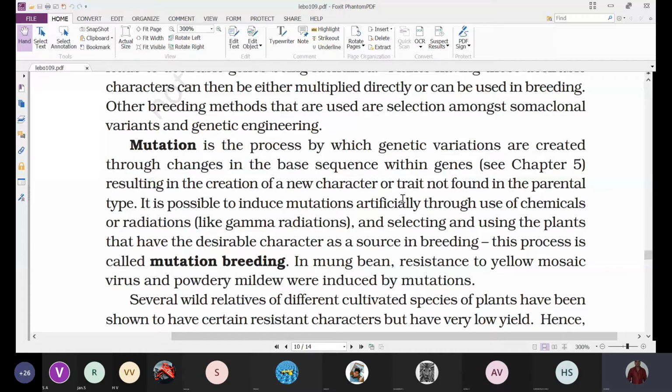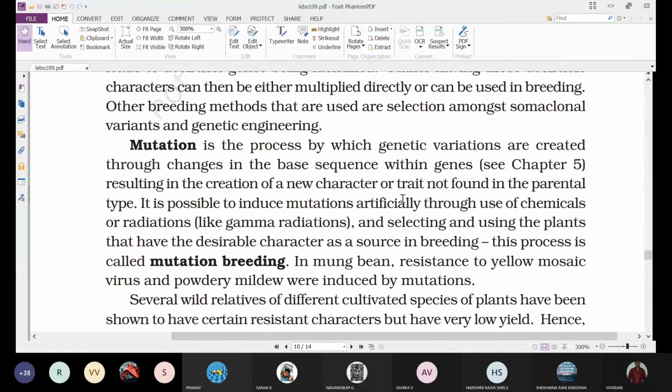So by using mutation, we are creating certain variations in the genetic material by using certain chemicals or certain rays. We are changing the sequence of nitrogen bases within the gene, resulting in the creation of a new character or trait not found in the parental type.